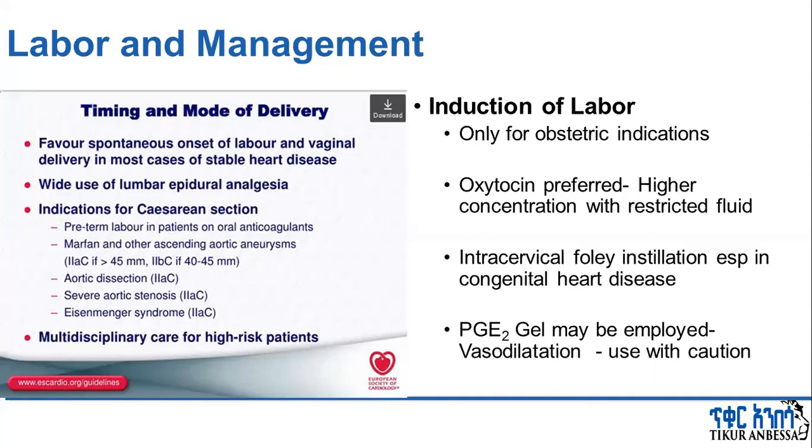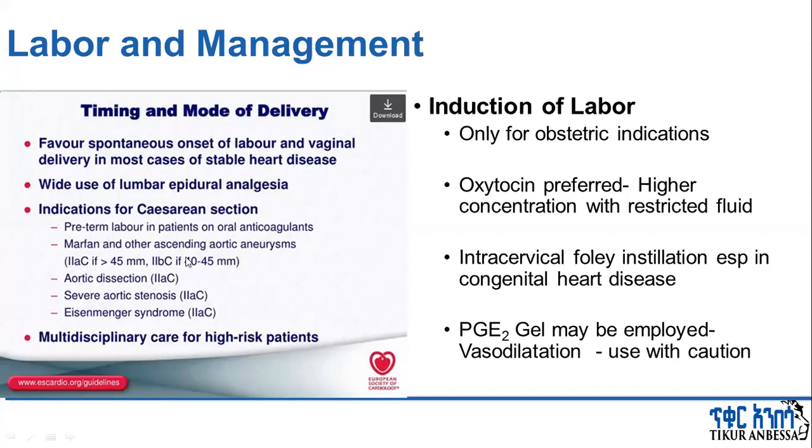Whenever we use continuous epidural anesthesia, we need to look for maternal hypotension, as I said, in aortic stenosis, intracardiac shunt, and pulmonary hypertension. If there is a need for induction of labor, we need to use only oxytocin, at a higher concentration with restricted fluid to avoid fluid overload. If possible, we may use mechanical methods with a Foley catheter, especially in congenital heart disease, to avoid complications.